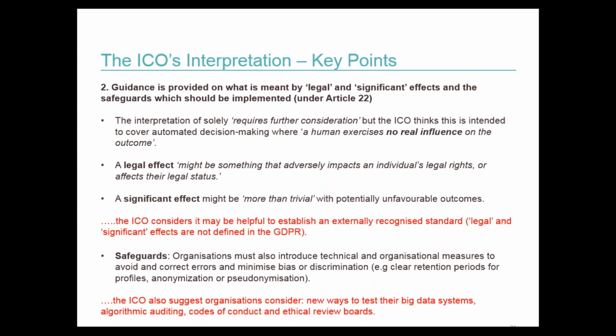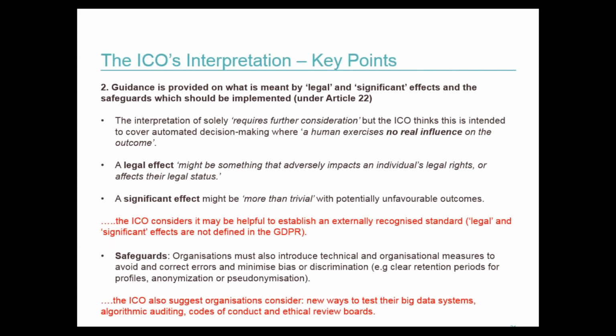And the second thing that I wanted to highlight is that the Article 22 right, which enables individuals not to be subject to decisions based solely on automated decision making, which produce legal or significant effects. The word solely, obviously, indicates it will be only on this basis.